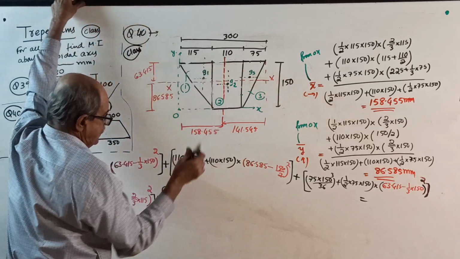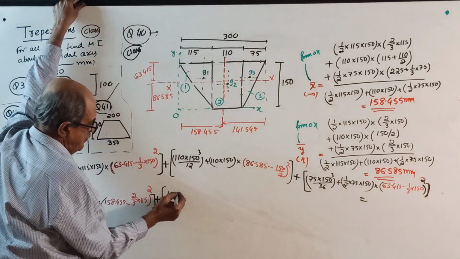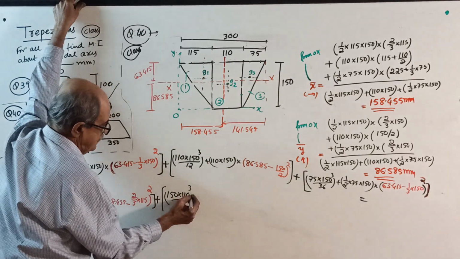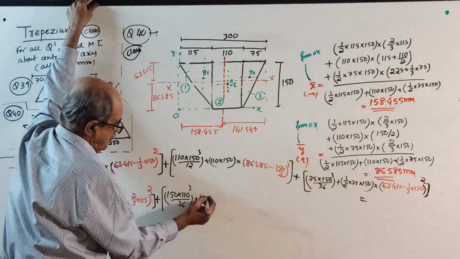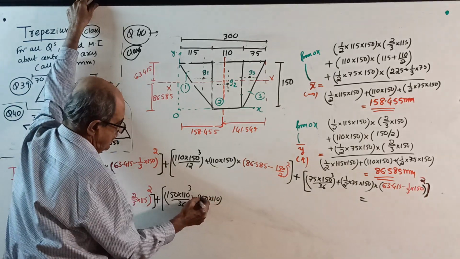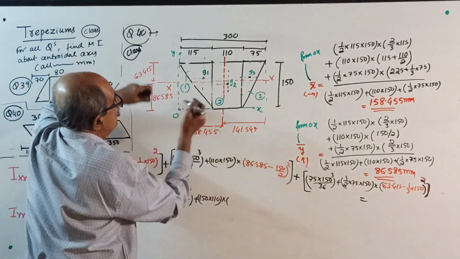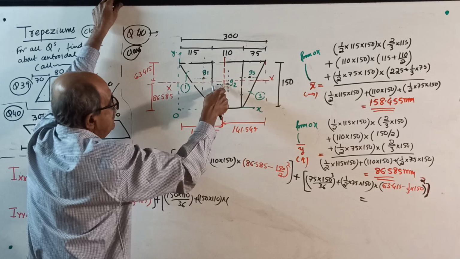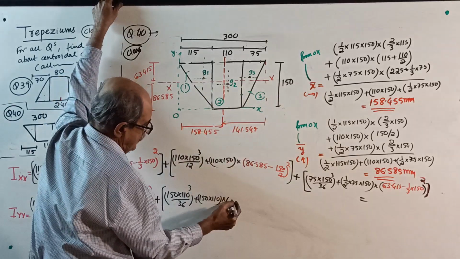150 into 110 cube, 150 into 110 cube divided by 36 plus area. 150 into 110 is the area, into from centroid to this distance square is 141.545.